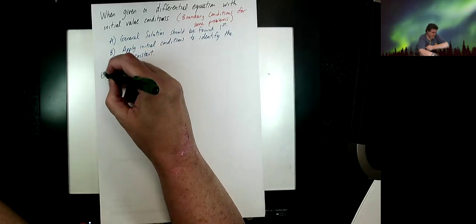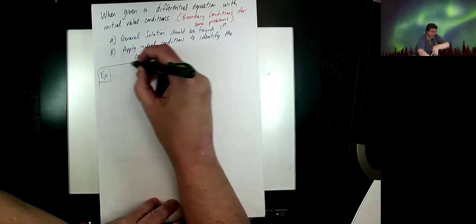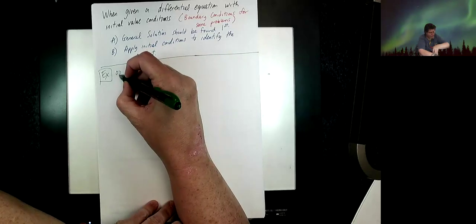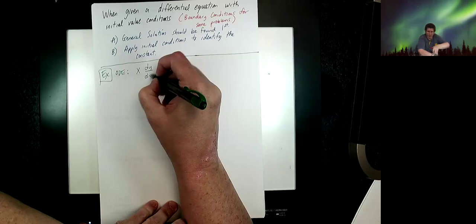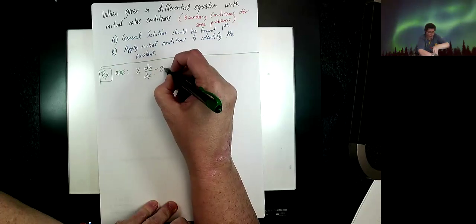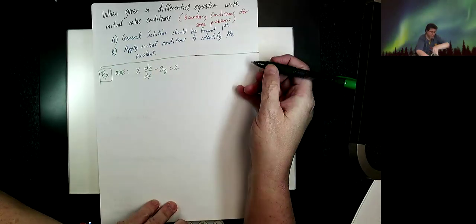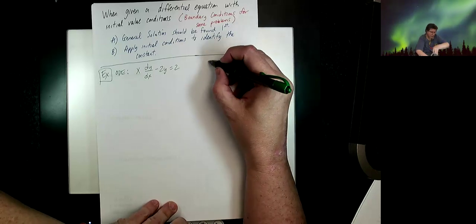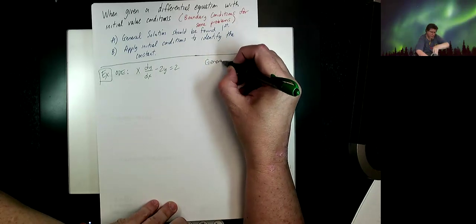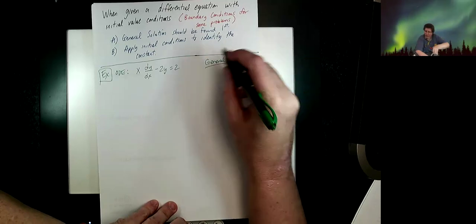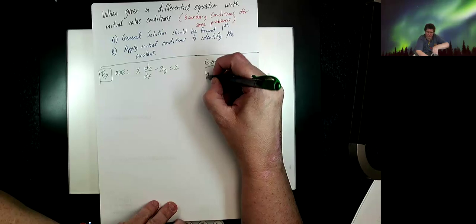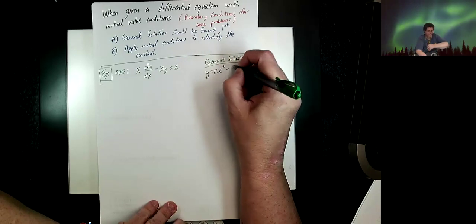So in our next example, our ODE will be x dy/dx minus 2y equals 2. And the general solution, since we haven't covered how to get them yet, is y equals cx squared minus 1.